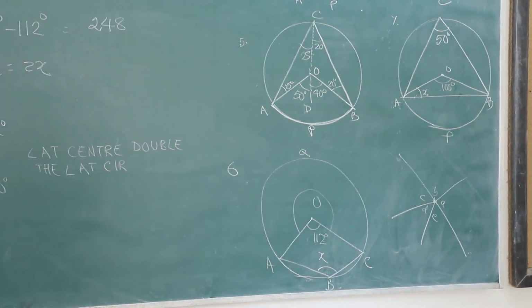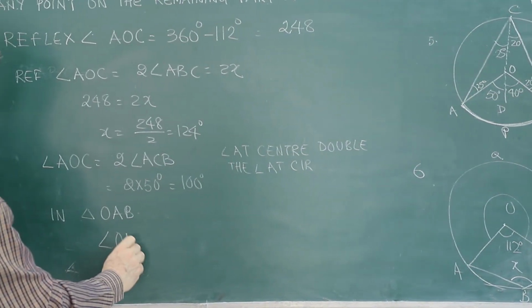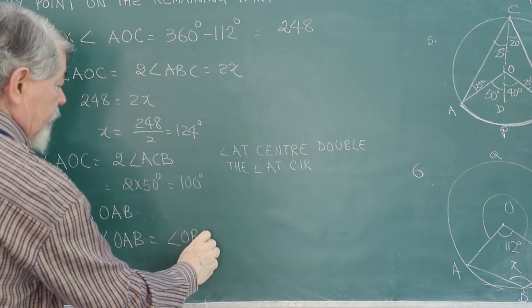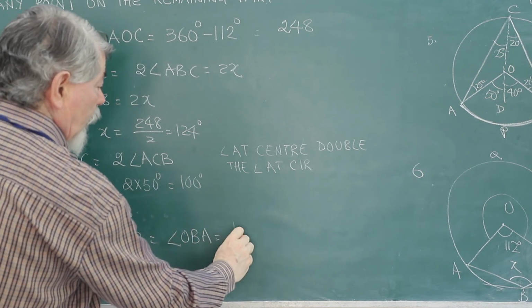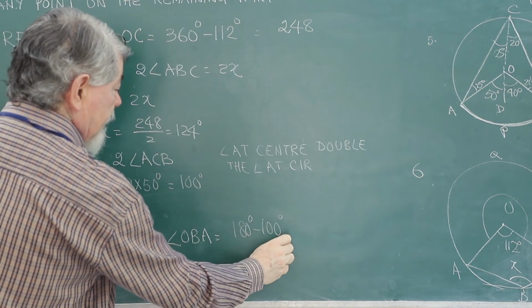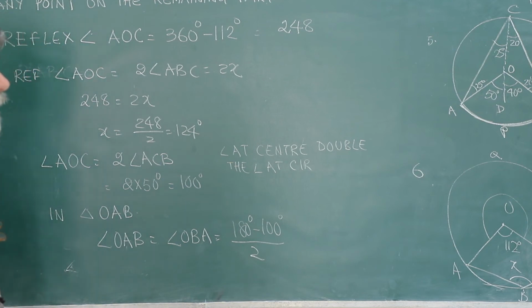Now in triangle OAB, angle OAB will be equal to angle OBA will be equal to 180 minus 100 divided by 2. Why are they equal?